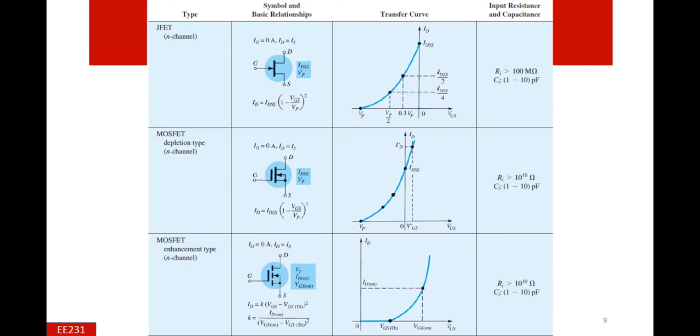In this case, the gate current is 0, and the drain current and the source current are the same. IDSS is the maximum current at the specific value of VGS, which is 0, and the pinch-off voltage for the device is also given in the data sheet or in the problem.